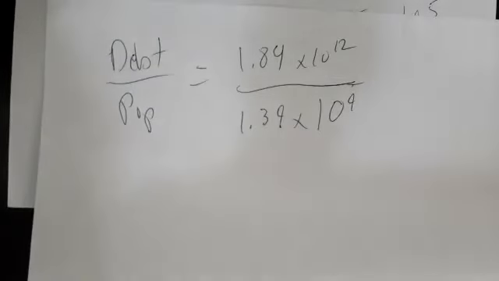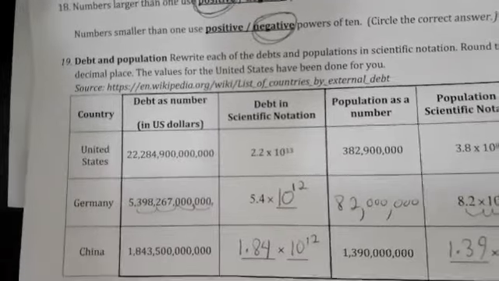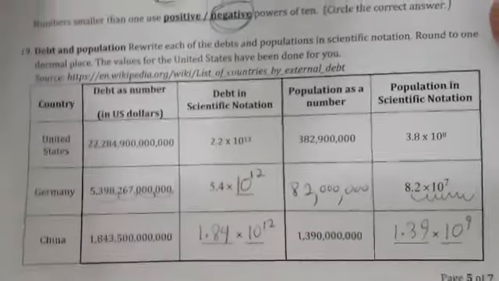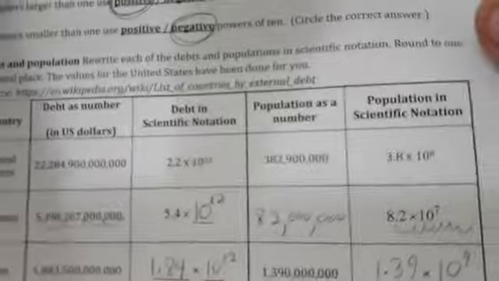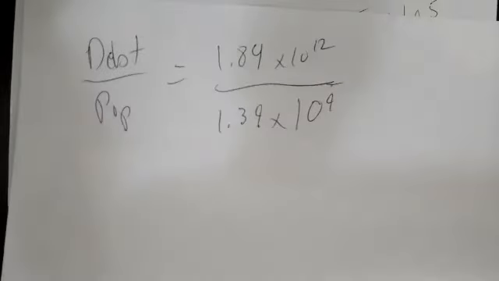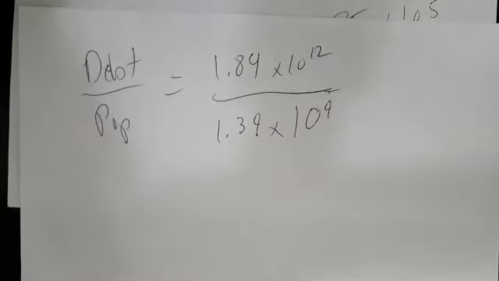So just guesstimating these numbers, the debt for each country is not all that much different, right? But the population for China is a great bit larger. So if we were just predicting this, we should get probably a smaller number than we got for the rest of them.